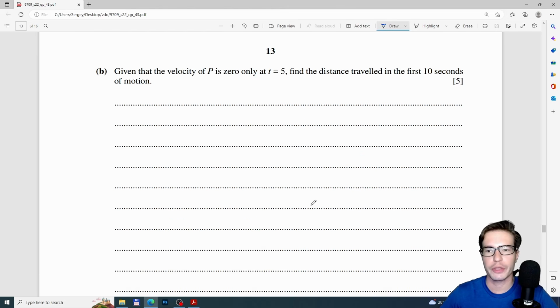Okay, for the next question we'll have to find a distance, and for that we'll have to integrate. So first let's rewrite the formula for the velocity. It's 9 over 4 plus 9 times (t plus 1) to the power of minus 2 minus t squared over 10. Now, we're given the velocity only at one point.